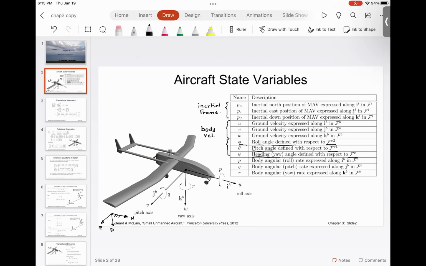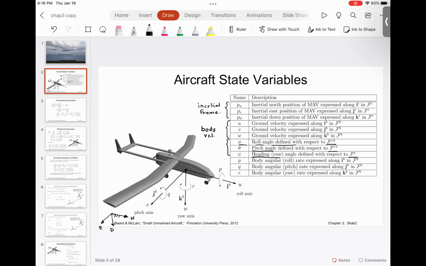Now, once the frame that is attached to the aircraft is my vehicle frame, then I do yaw, get into vehicle 1 frame, then I do pitch, I get into vehicle 2 frame, and I do roll, I get into the body frame. And now the U, V, and W are with respect to this oriented body frame. Everyone understand?